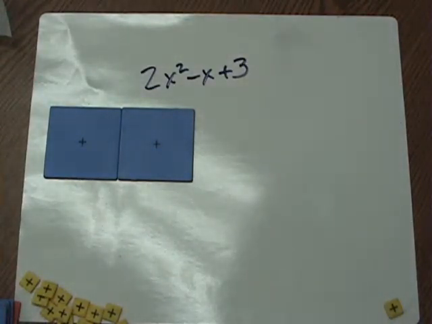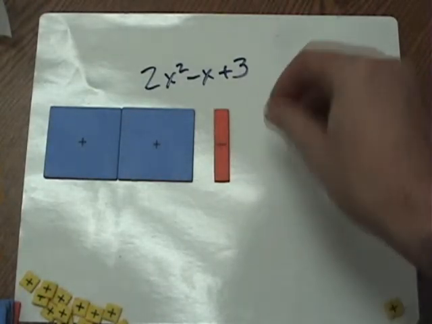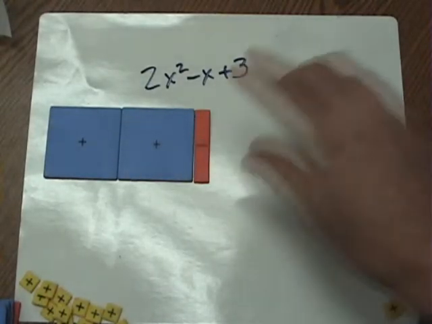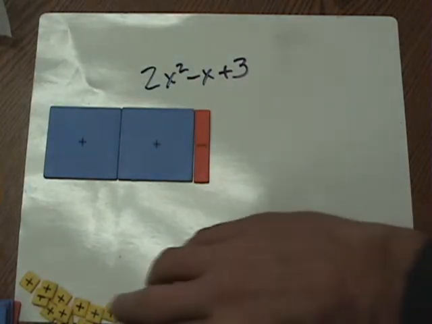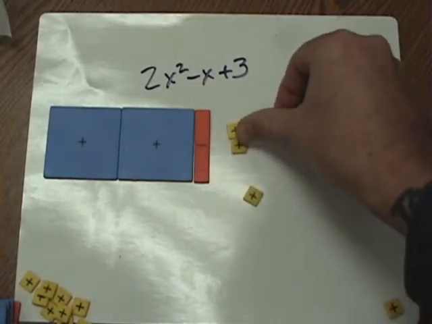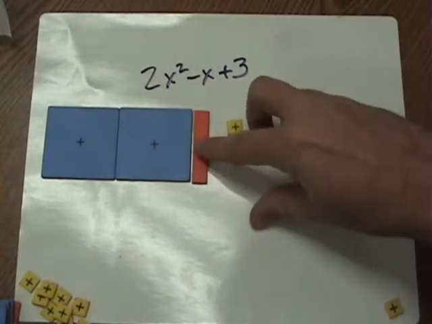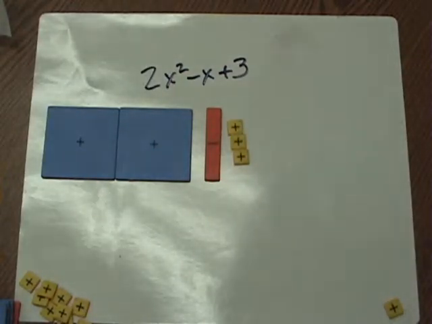Now our x's were the thin rectangles, and because it's minus x, we could show it like this, as just negative x. And then our last thing is going to be plus 3. And so we could show 2x squared minus x plus 3 this way, using our algebra tiles.